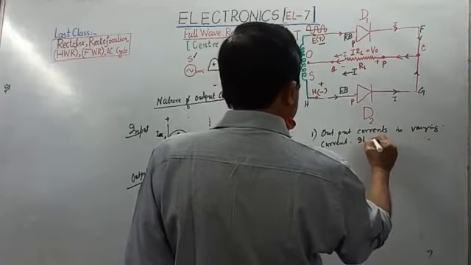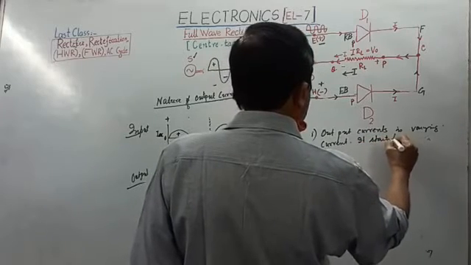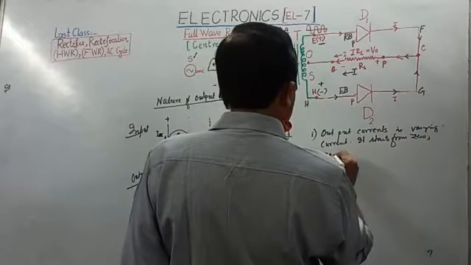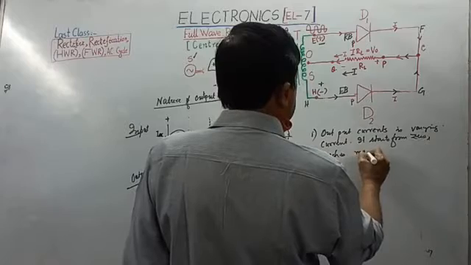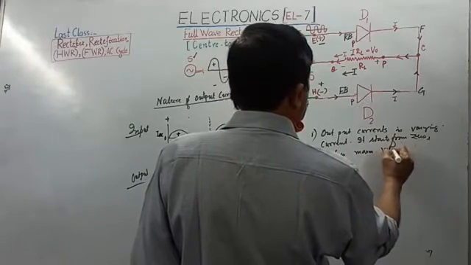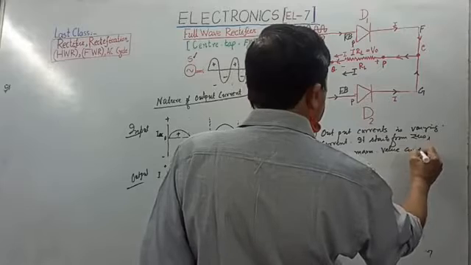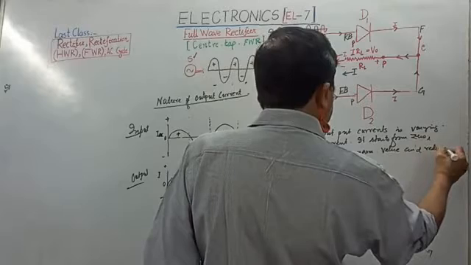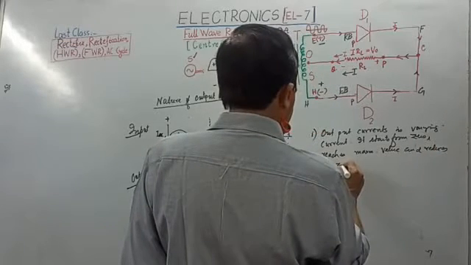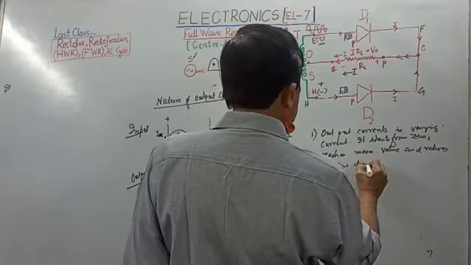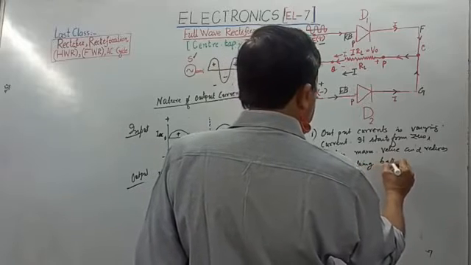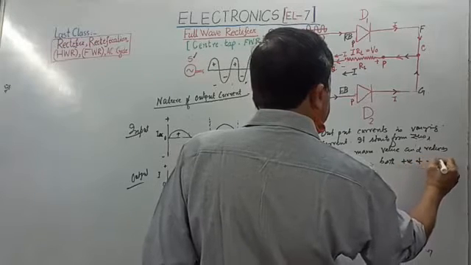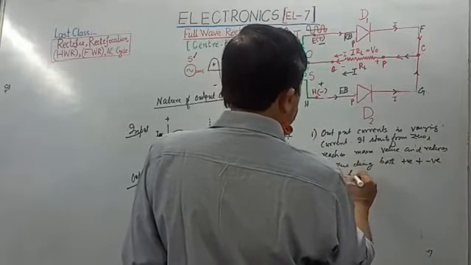It starts from 0, reaches maximum value, and reduces to 0 during both positive and negative AC half cycles.